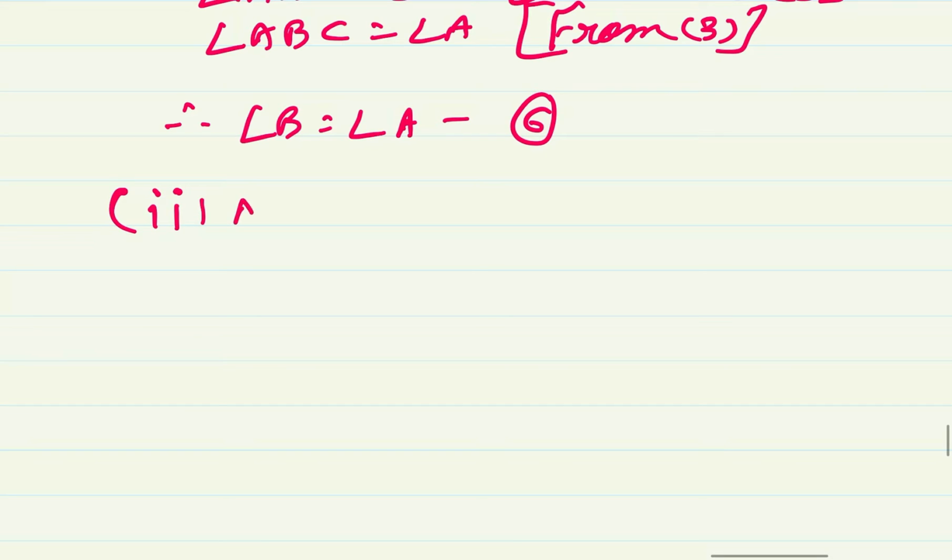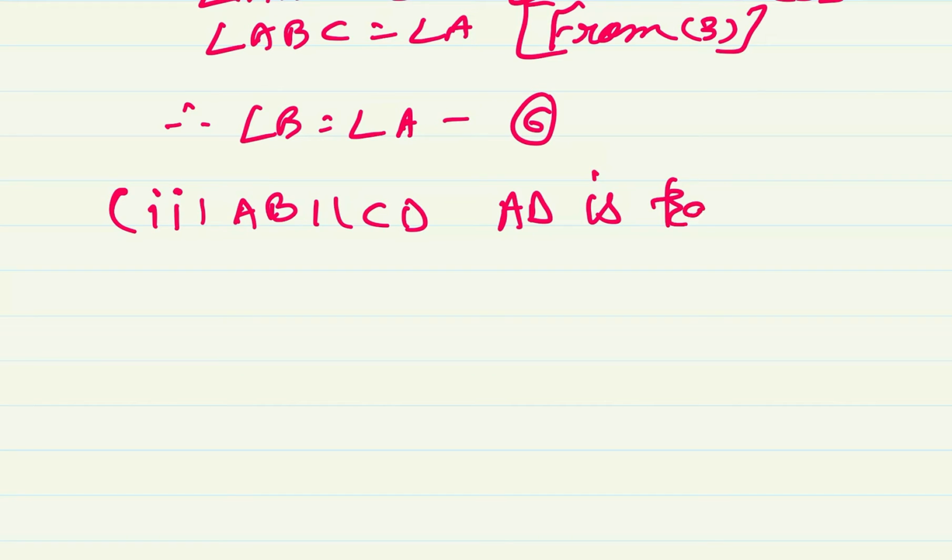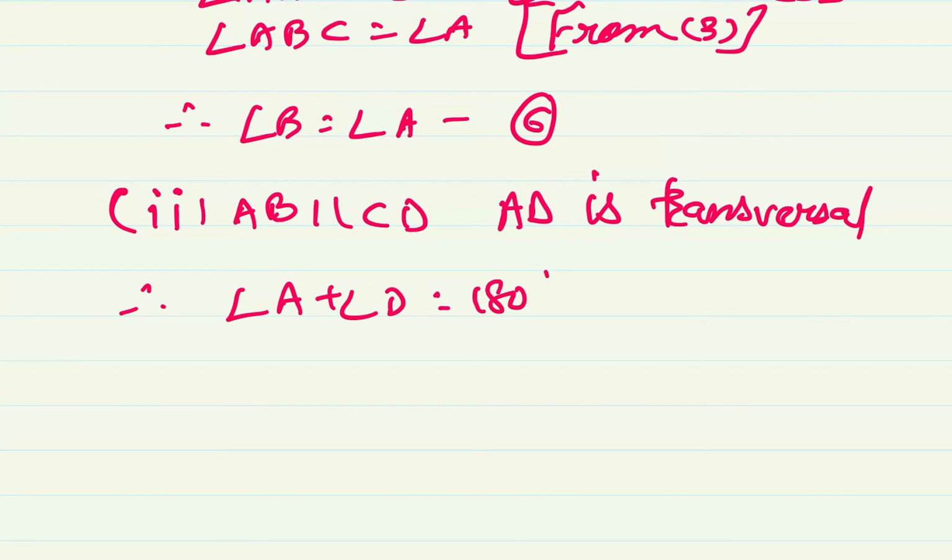Now second, AB is parallel to CD and AD is transversal. Therefore, angle A plus angle D is equal to 180. That is seventh result, which is co-interior angles.